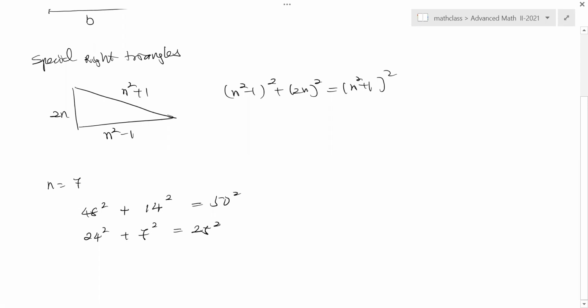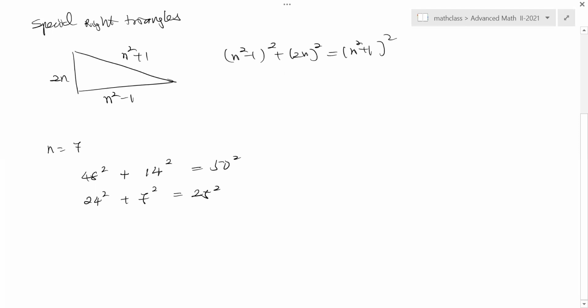Okay, so this is a special triangle, and you can double check that. Indeed 24 times 24 plus 49, and so that's indeed a right triangle.